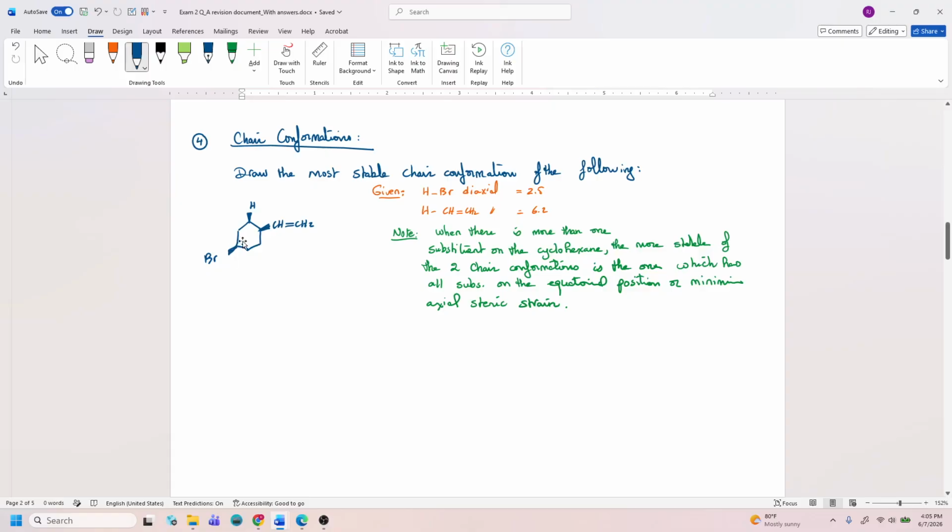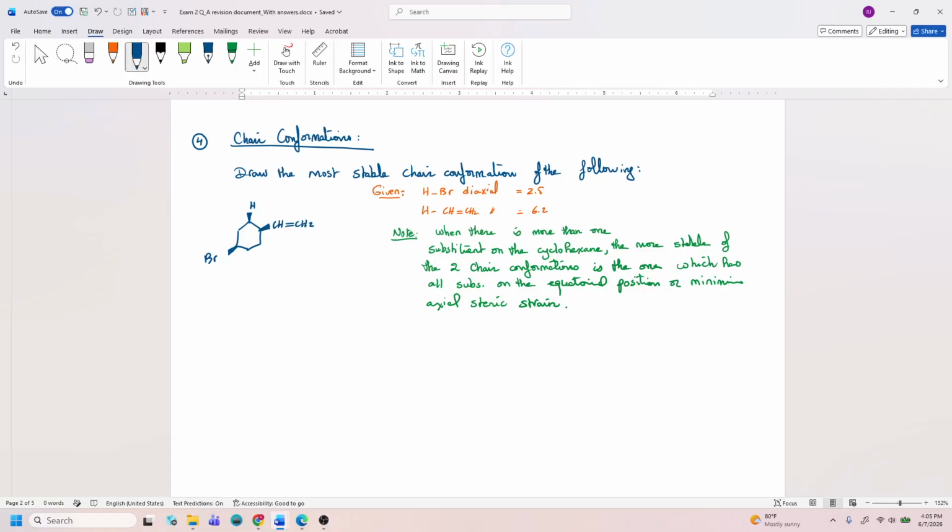In this kind of question, it's to draw the most stable chair conformation of the following. I'm going to read this note over here: the most stable chair conformation is whenever you have all your groups in the equatorial position, or you have the lowest energy chair conformation.